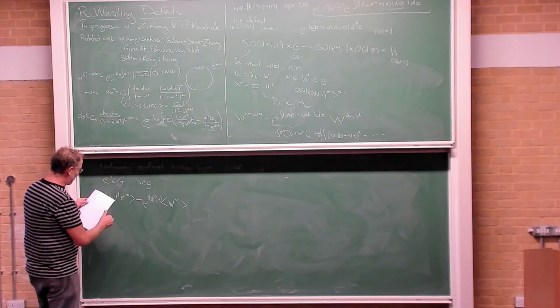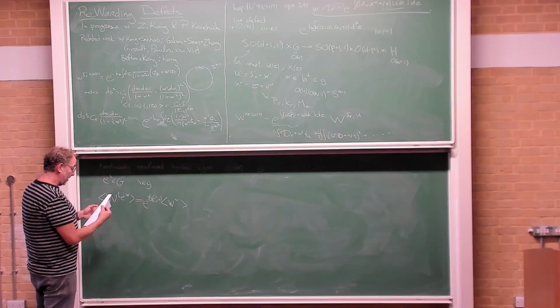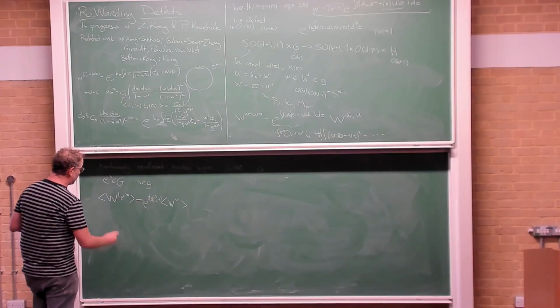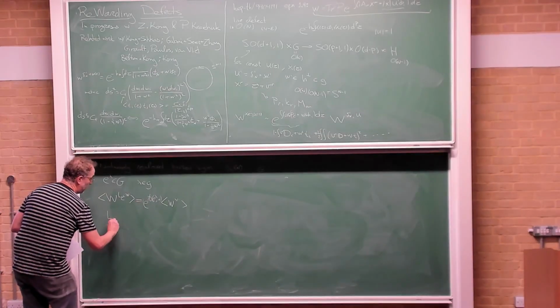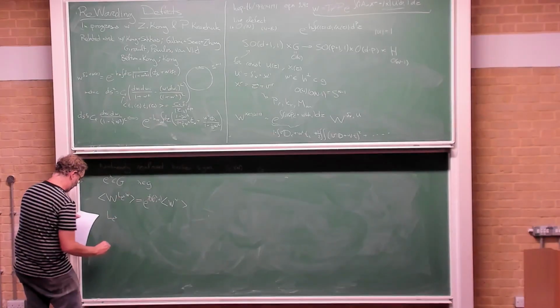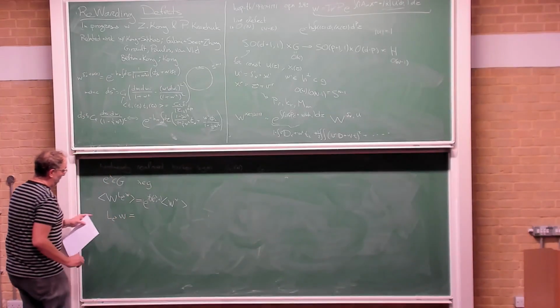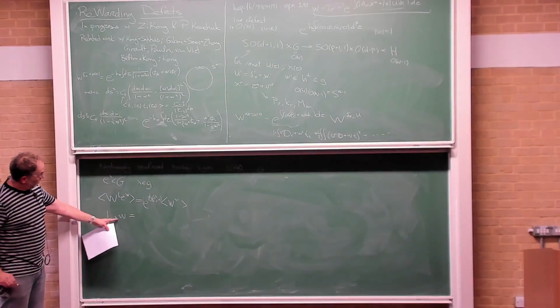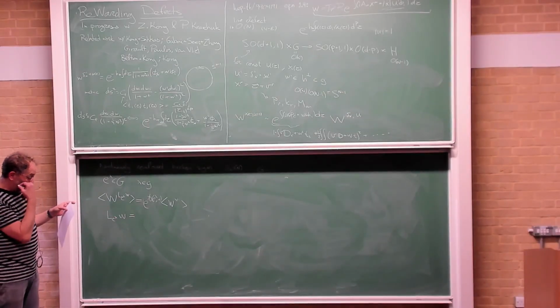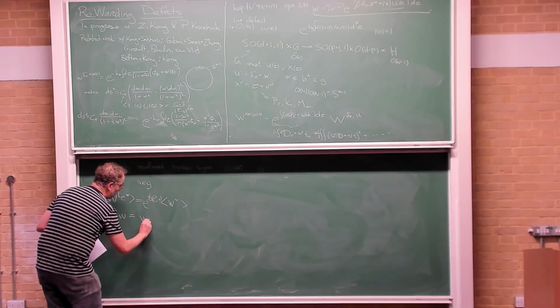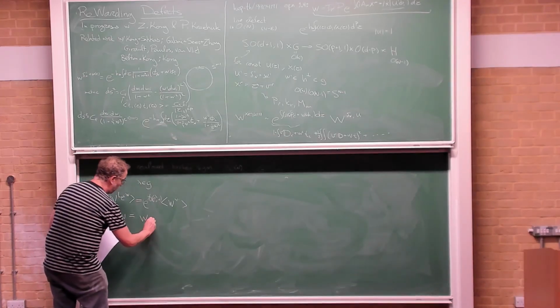Okay. So I need to specify how L e to the lambda acts on W. And so I'm expanding in small lambda. So at linear order, I will just go back to myself.